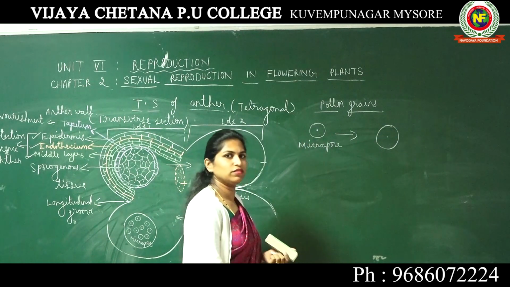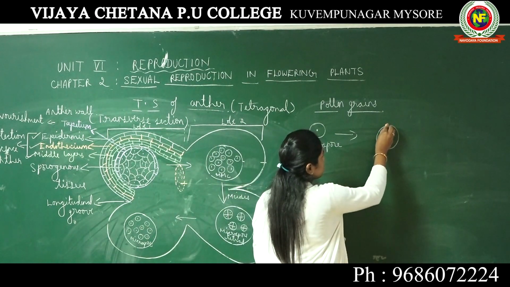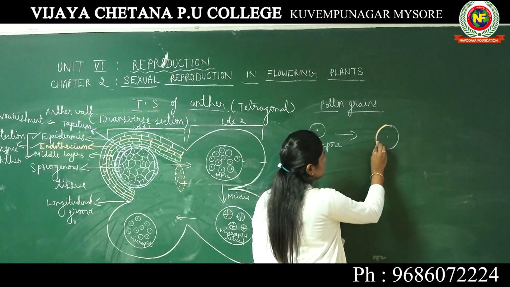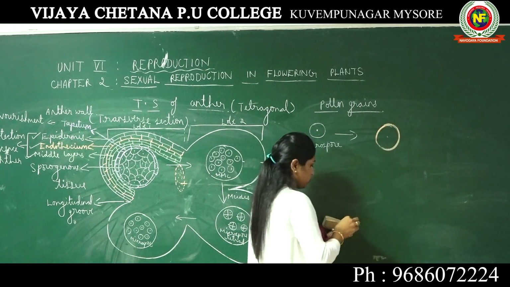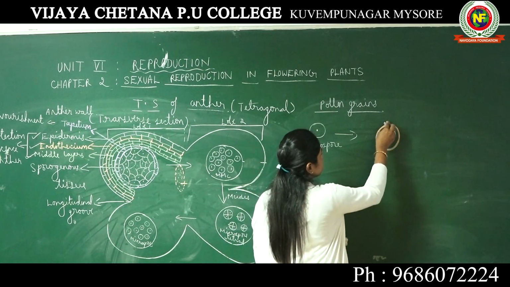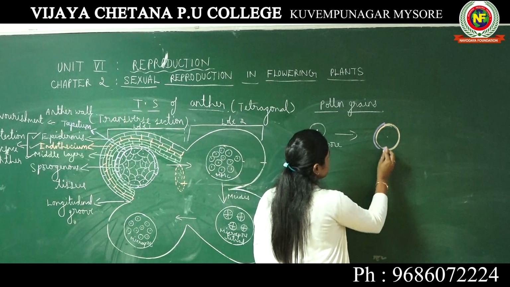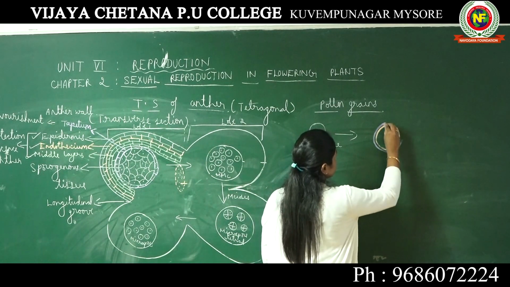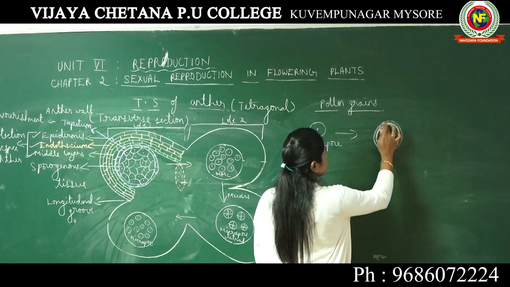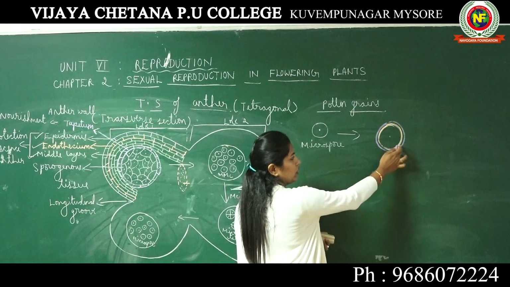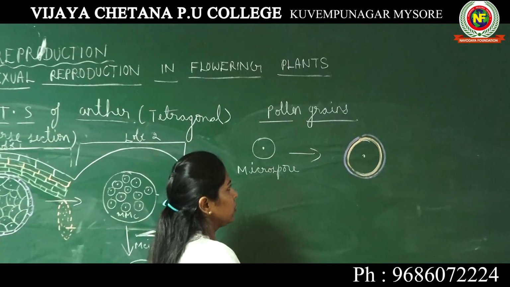So imagine this is a microspore. They develop two layers surrounding the structure of the microspore when the microspore is developing.